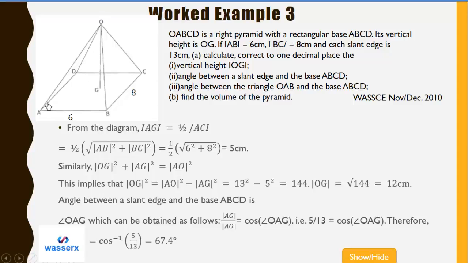That is the cosine of this angle over here. So we know AG is 5, we found it over here, and AO is 13, we were told over here. So we simplify this expression to obtain 67.4 degrees.